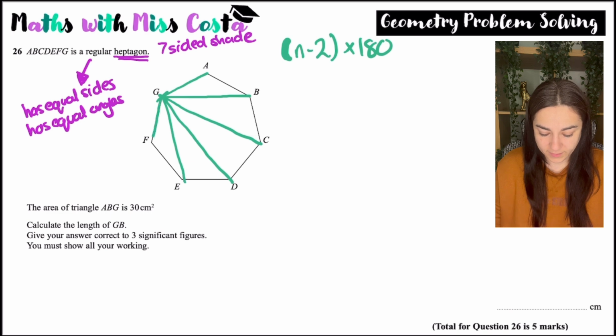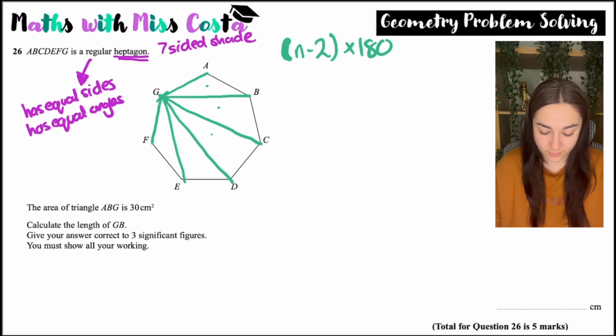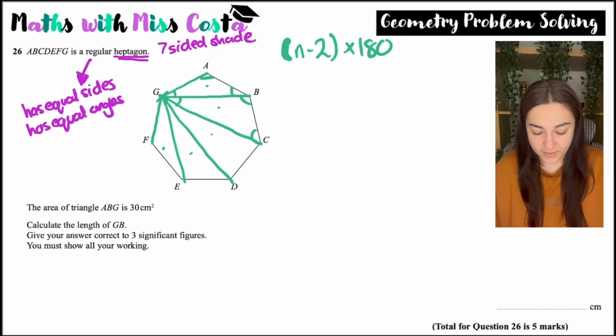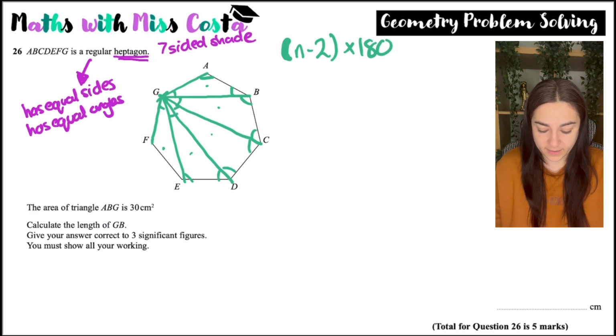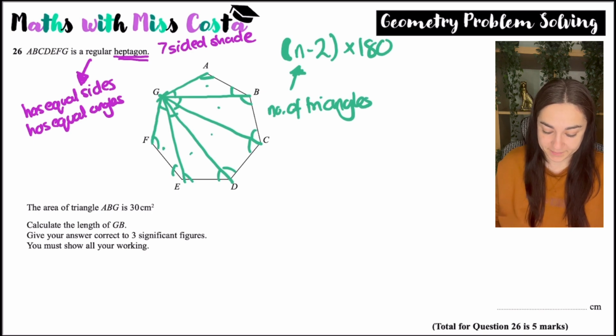So why have I done this? It's to see how many triangles fit into this polygon. So that's 1, 2, 3, 4, 5. And why do I do this? Because in each triangle, I know the angles add to 180 degrees. So if you try this with absolutely any polygon, you will find that there's always 2 less triangles than there are number of sides. That's why I do the number of sides take away 2 times by 180. So that's just a little recap on that.